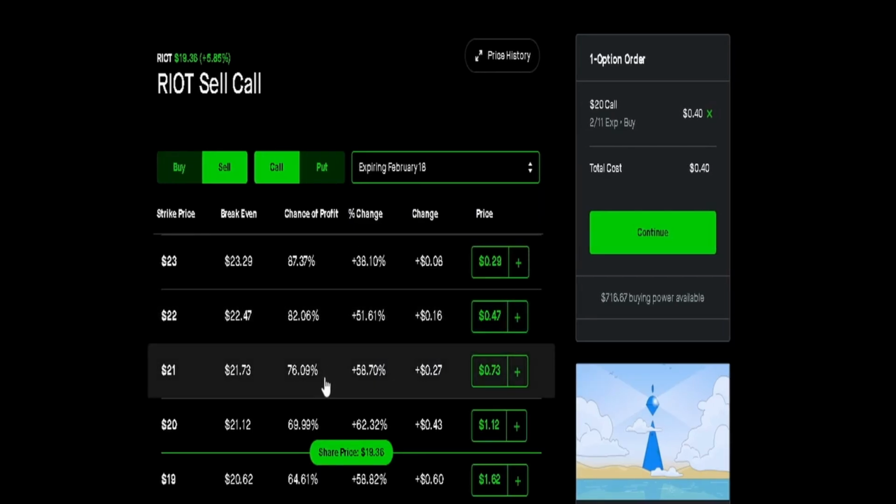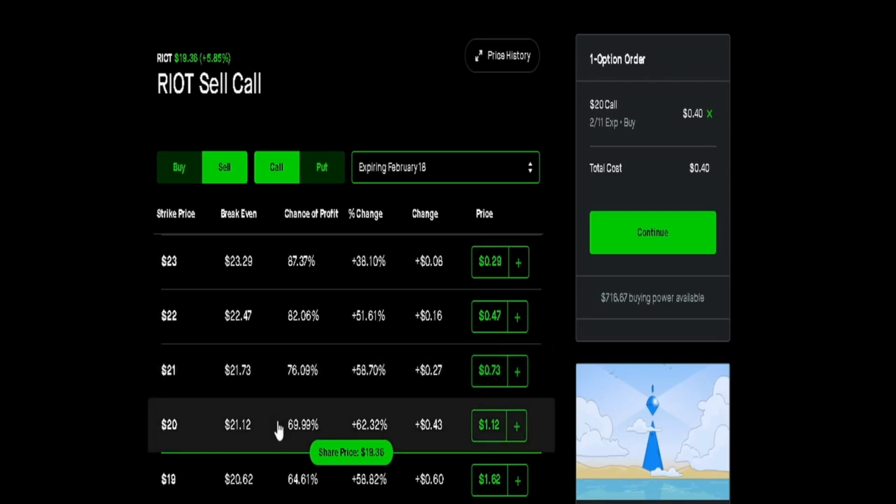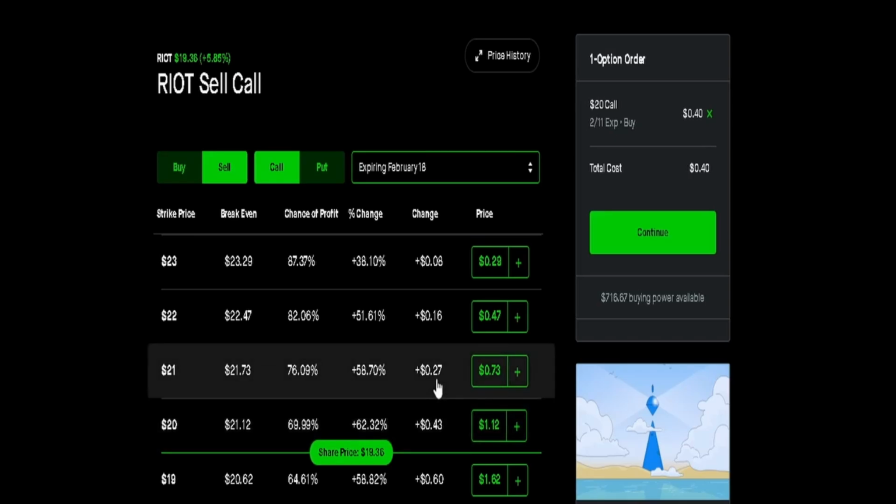And so I can choose either $20 again if I want to make $112 in premium. But again, if it goes above $20, I have to sell the shares for that. I can do a $21 strike price at $73 premium. So that would give me a little bit more leeway, and I would get to keep $33, since the difference between what I'm buying the call back for and what I'm selling the new one for is a difference of $33.